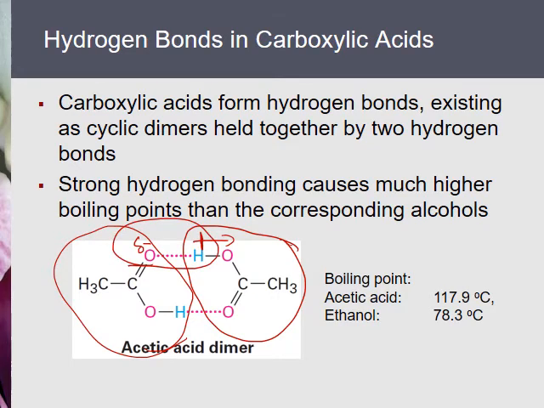Because of this strong hydrogen bonding between neighboring molecules, carboxylic acids usually have a higher boiling point than the corresponding alcohols. For example, acetic acid has a boiling point of 117.9 degrees. Ethanol, which also has 2 carbons, only 78.3.